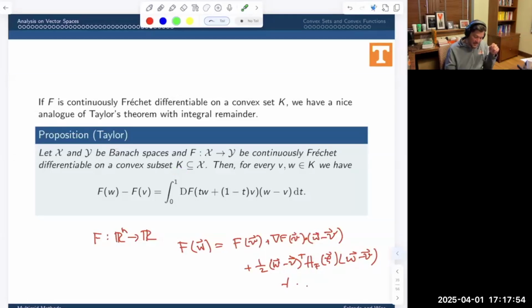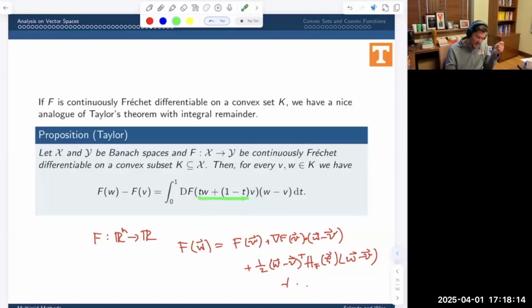Now, why do I need this set K to be convex? Well, the reason I need it to be convex is I want this to be differentiable at every point in K, okay? And that, of course, is what I'm assuming. In this integral, inside this function here, I need to consider all these points along this line.